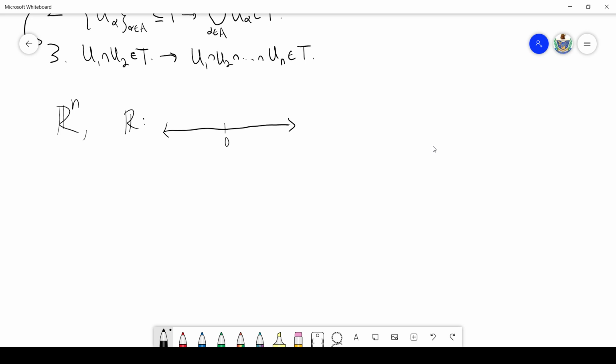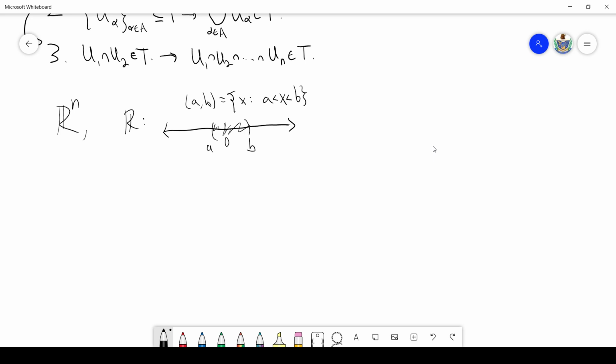We don't really need to know where 0 is, but we can create a topology on R by what we would formally call a basis. I'm not going to define what a basis is, but we can take these open intervals: the open interval A to B is just the set of elements X such that A is less than X is less than B. So this is an open interval.